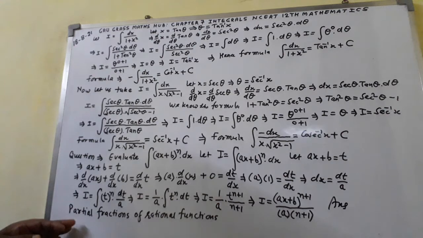Partial fractions of rational functions. What to do here?